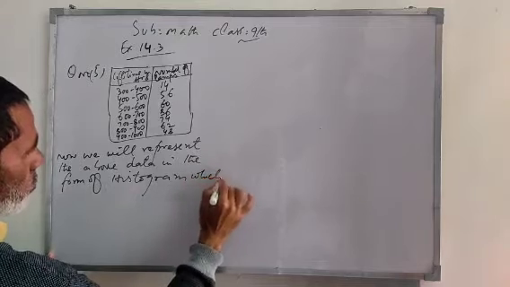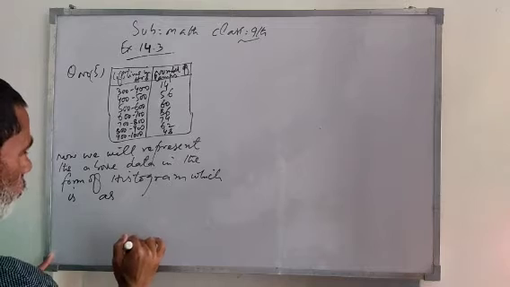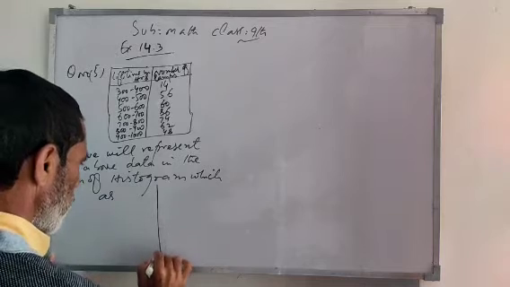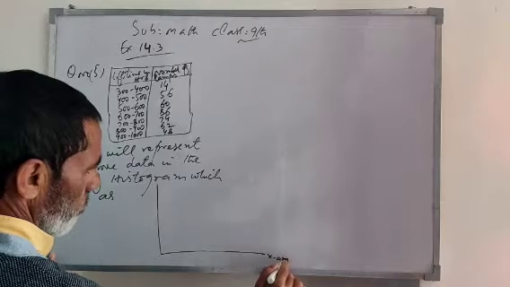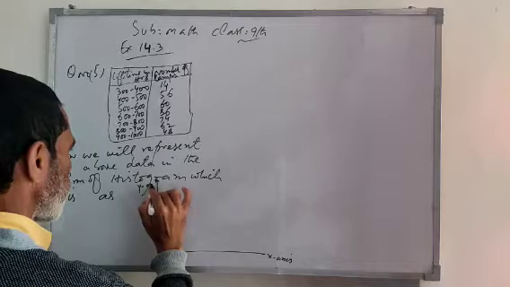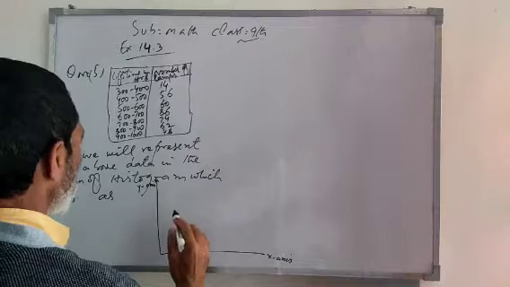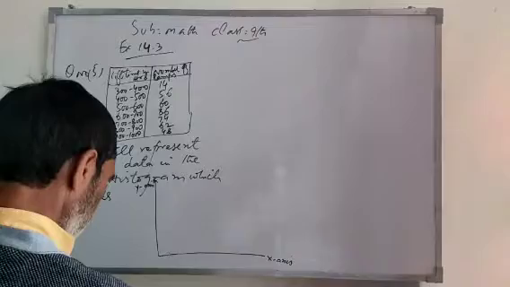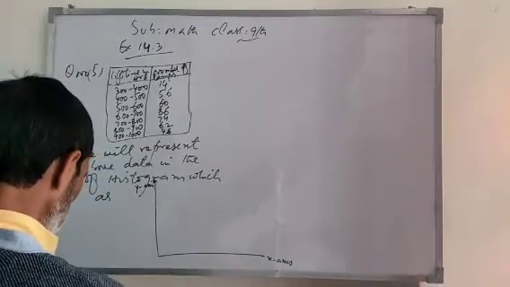For this we have to represent two axes: horizontal axis, x-axis, and y-axis. Lifetime in hours will be presented along x-axis, and number of lamps, that is frequency, we will present along y-axis.